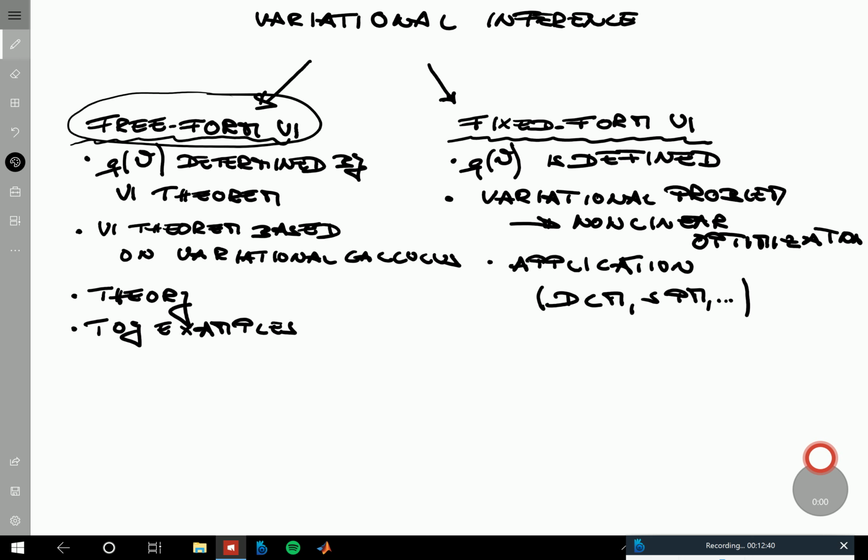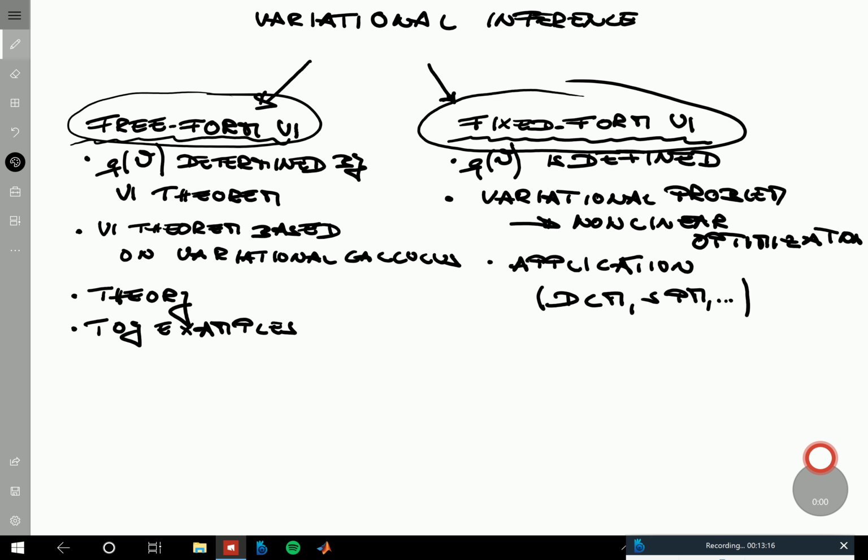Fixed form variational inference doesn't need a lot of the things one learns in free form, but it needs other things, and this is what is happening under the hood, for example, in SPM when you estimate DCMs, or what people think about when they do stochastic variational inference these days at NIPS or whatever. Yeah? Good.